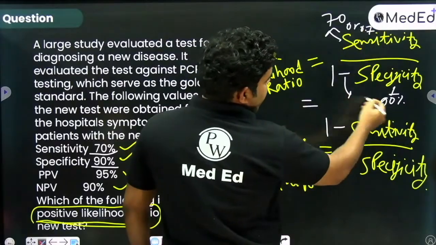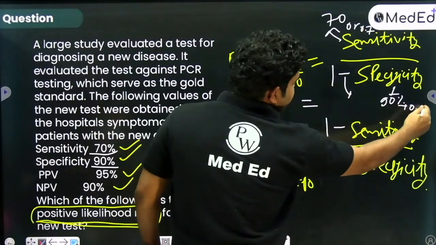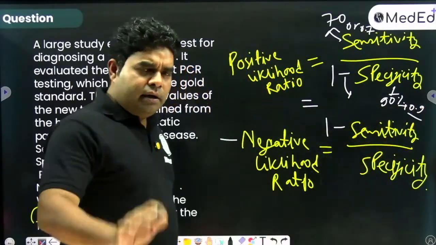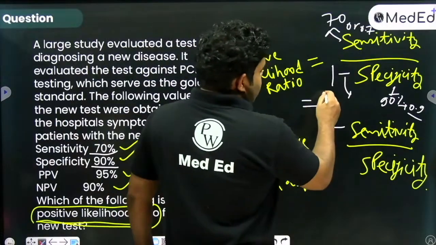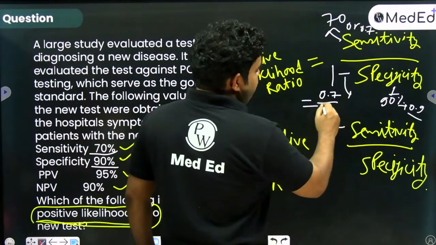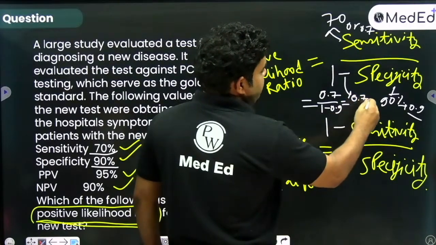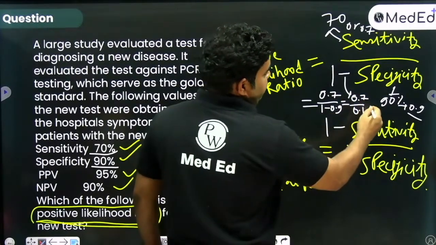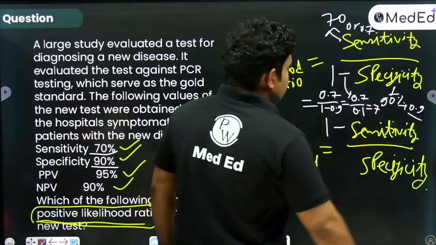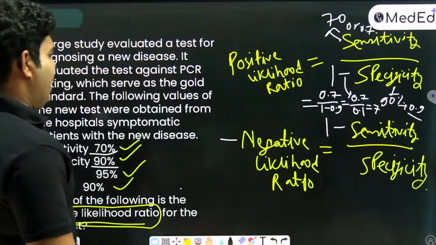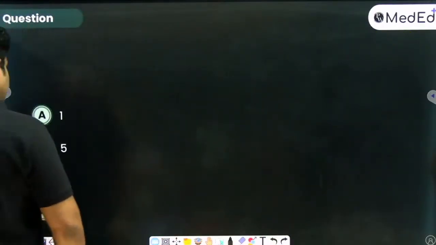And denominator is 1 minus 0.9 because 90% can be written as 0.9. So 0.7 divided by 1 minus 0.9, it means it is coming 0.7 by 0.1. Point will cancel out, answer will be 7. So the positive likelihood ratio will come out to be 7.